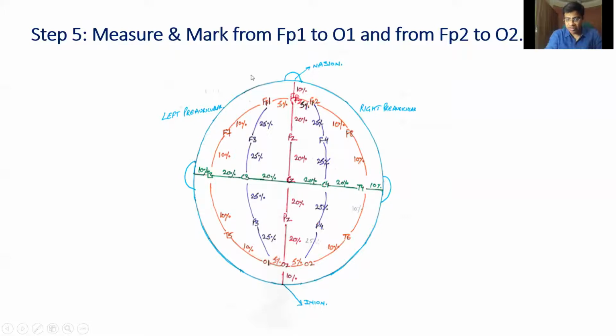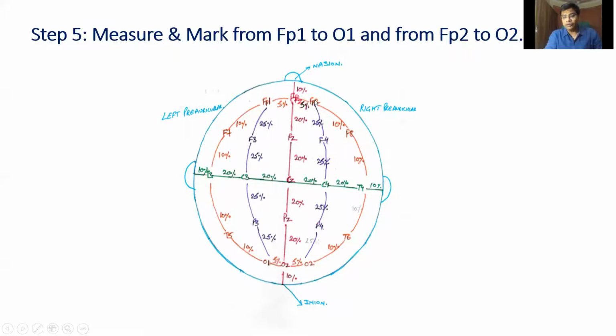So 50% between FP1 and C3, the middle of this, will be marked as F3. From C3 to O1, the middle of this is P3.